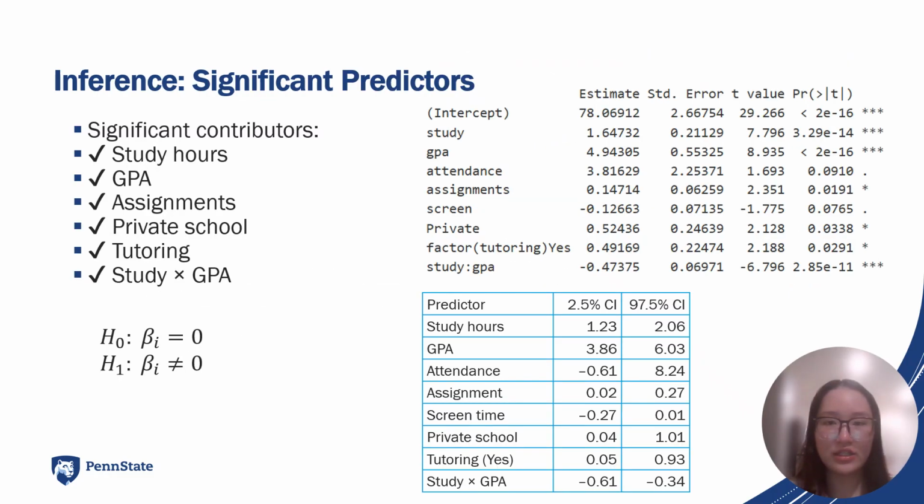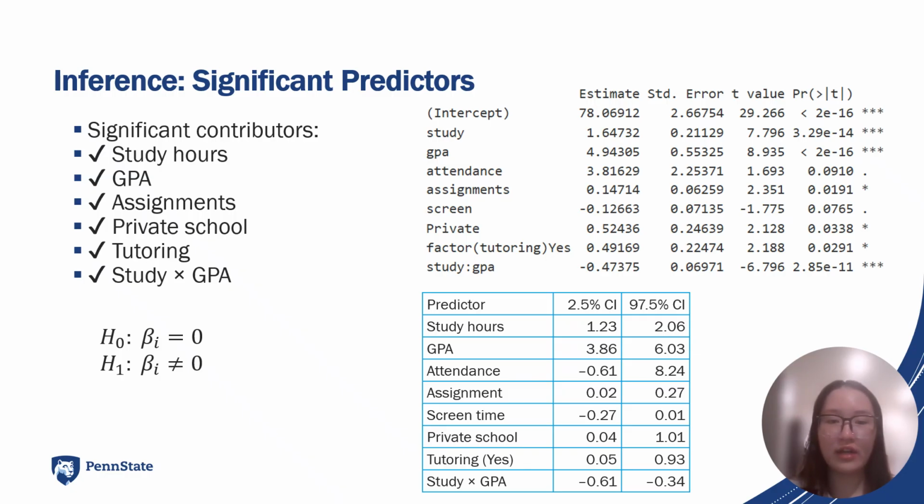Next, I tested each predictor using hypothesis tests and confidence intervals. The significantly positive predictors include study hours, GPA, assignments, private school, tutoring, and the interaction term.